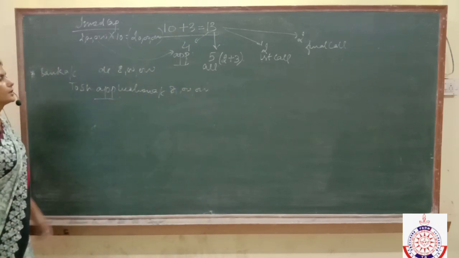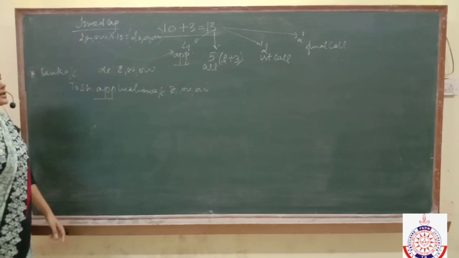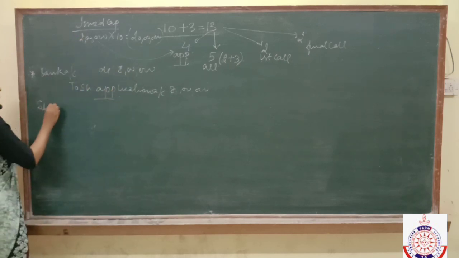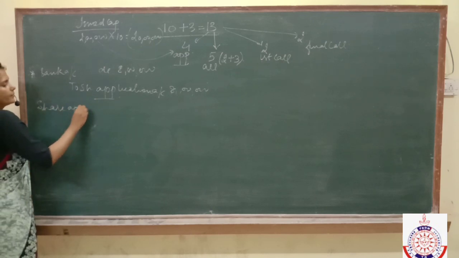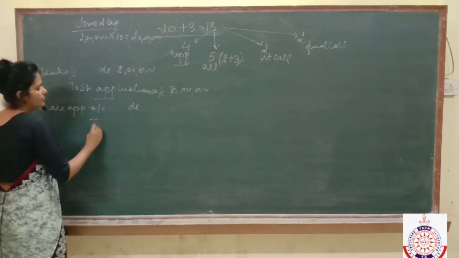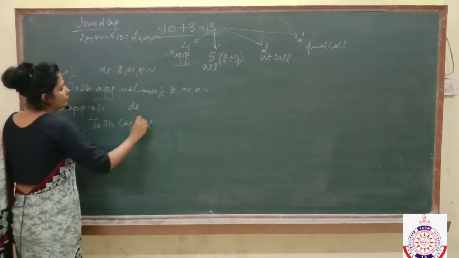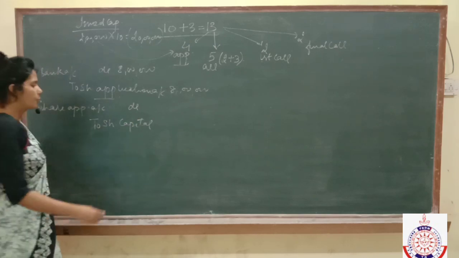Now, the company has allotted shares to all the applicants. So it means we must pass the entry. If the company has issued the shares to all the applicants, then their application money will be transferred to share capital, which states that now these applicants are our shareholders.